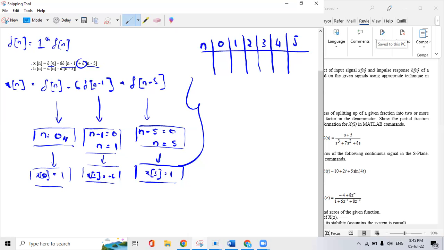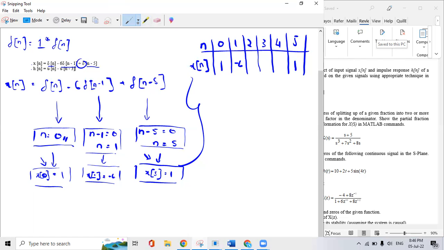Because our equation has a minimum n value of 0 and a maximum n value of 5, so this is why we end at 5. Now the magnitude: when n equals 0, we have a magnitude of 1. When n is equal to 1, we have a magnitude of negative 6. When n is equal to 5, we have a magnitude of 1.